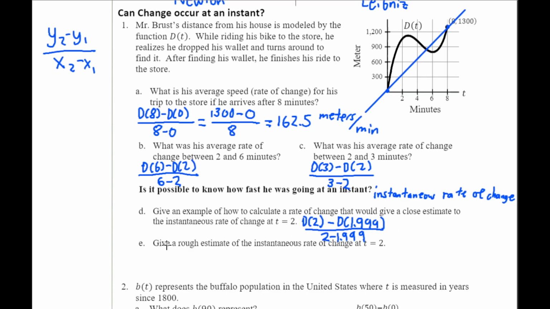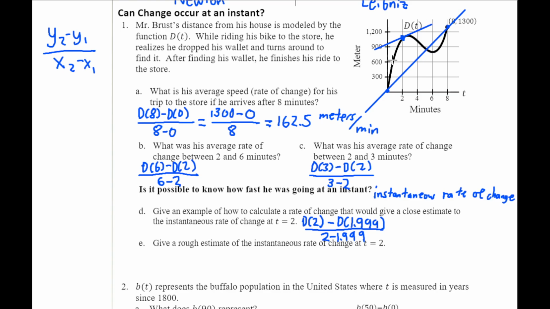So if we want to calculate the rough estimate, first thing we would do is draw the tangent line at t equals 2. So when t is equal to 2, you see the point on the graph is right here. And if you want to draw the tangent line, draw one line that only touches the curve at that point once.